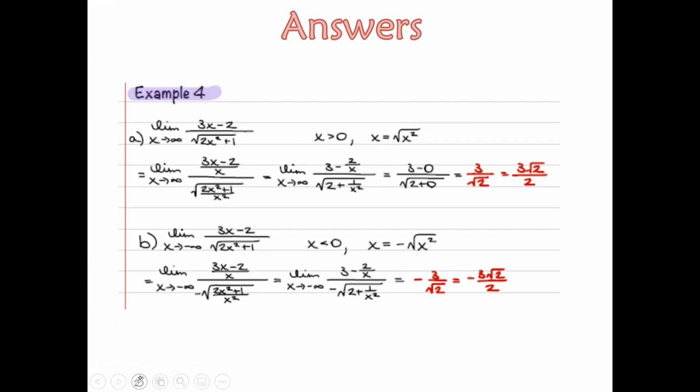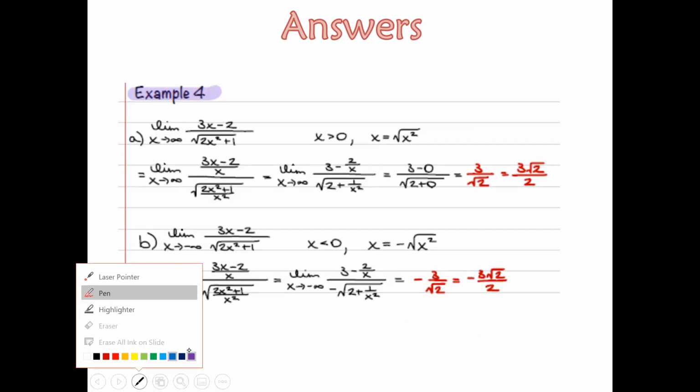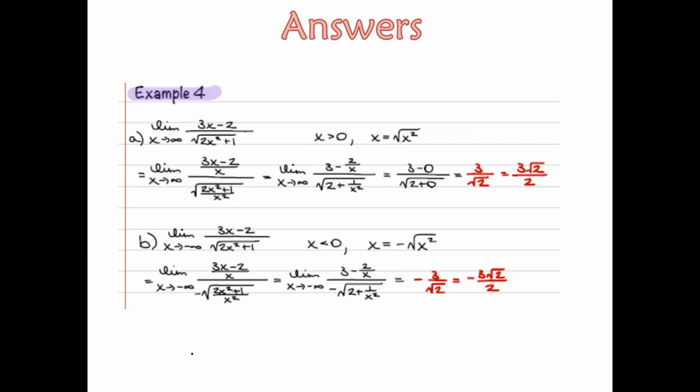You can go ahead and rewrite this, so that way you have 3x over, and because you have a square root of 2x squared, that's the same thing as square root of 2 times square root of x squared, which is going to be square root of 2 times just x.